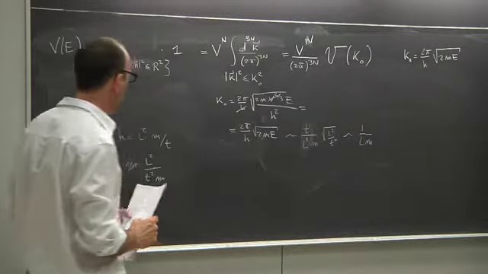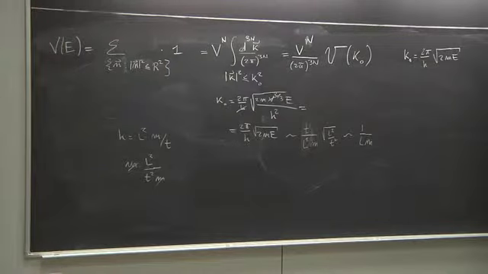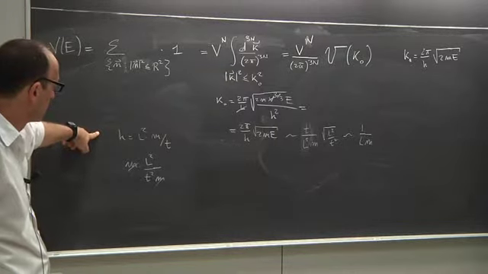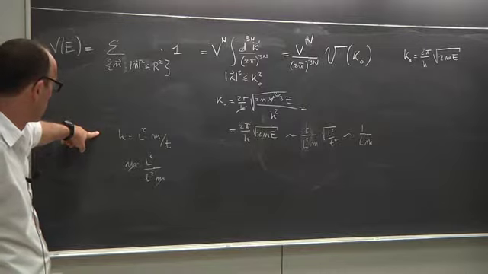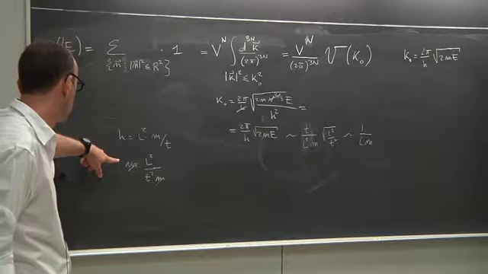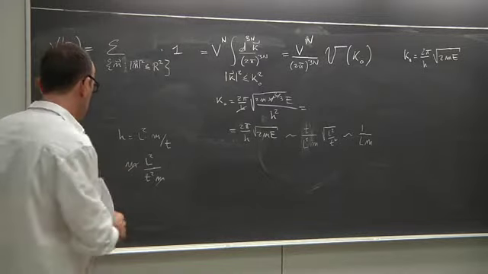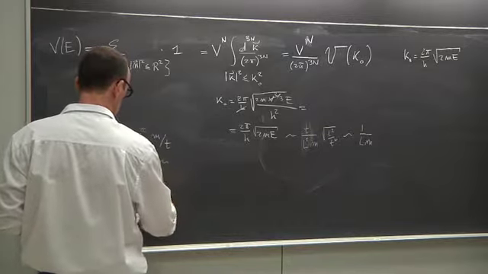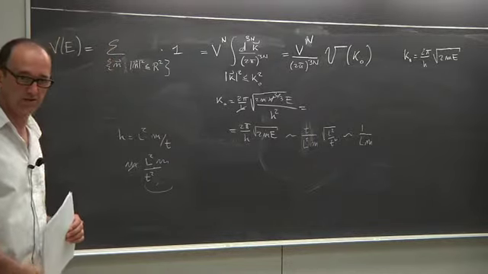So am I missing something? The dimension of h is this, right? No. So the m should be up here, right? This is the unit of energy. Okay? This is the unit of energy.